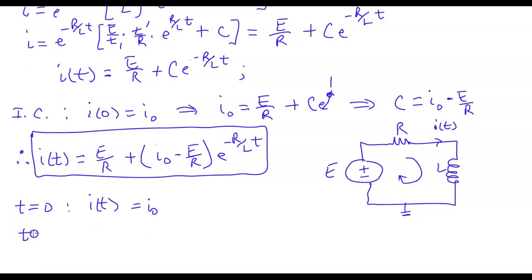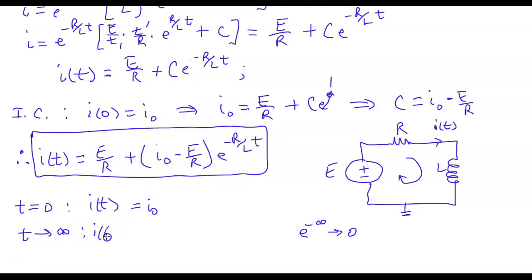Now, if we looked as t approached infinity, if we took infinity and plugged it in here, we know that infinity times a negative number is just going to be negative infinity. And of course, e raised to the negative infinity goes to 0. So this whole term here would end up going to 0 as t approaches infinity.